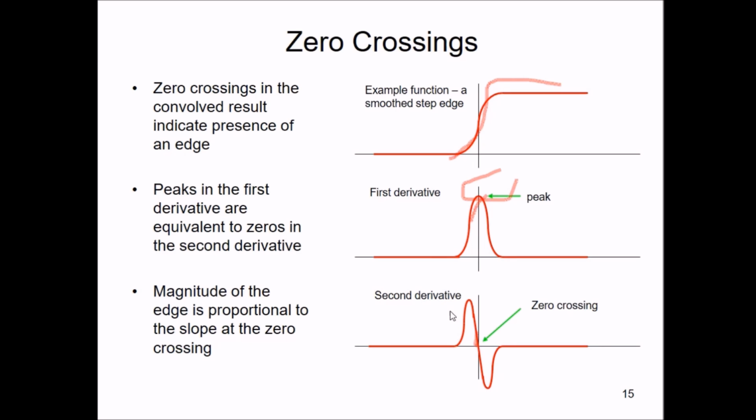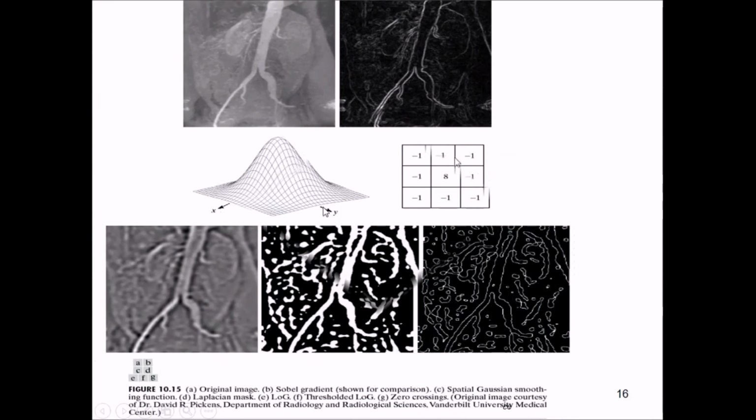The magnitude of the edge is proportional to the slope at the zero crossing. So the first derivative is this, and this particular portion corresponds to this portion in the second derivative, and this will be zero. This is the zero crossing, and again this is for the second portion of the graph. So this is showing that there is a zero crossing.